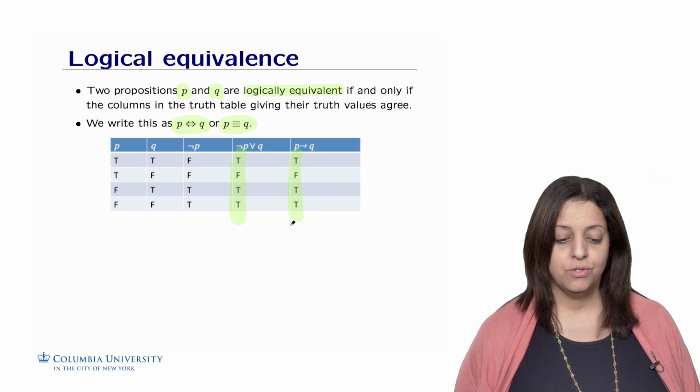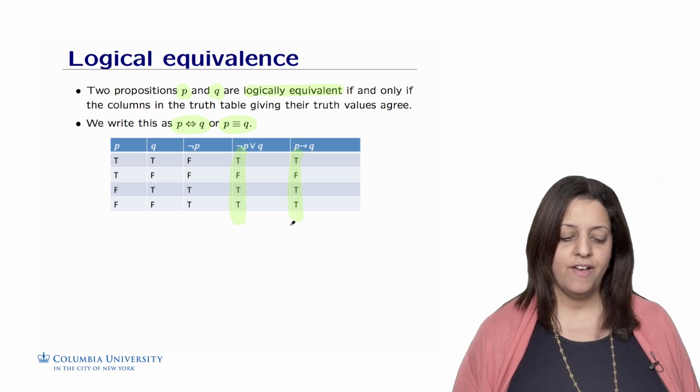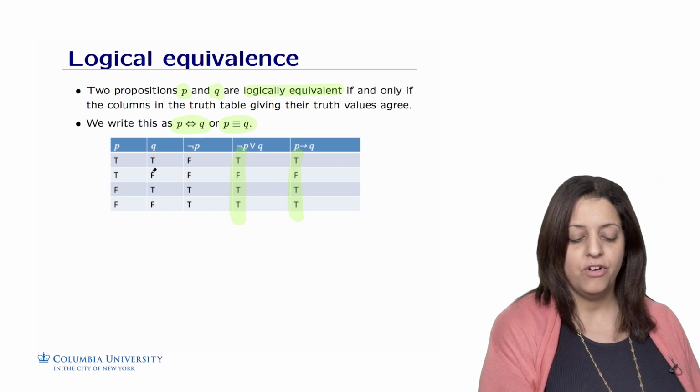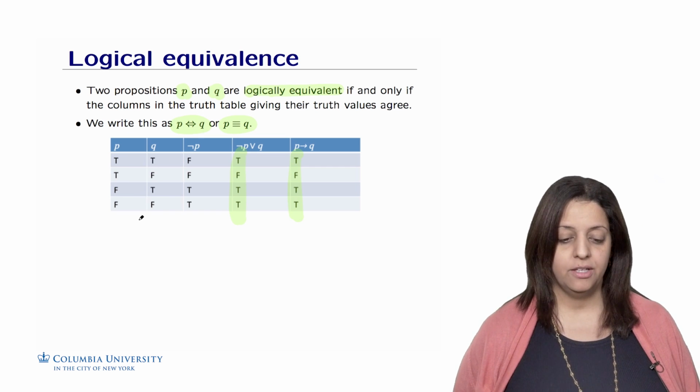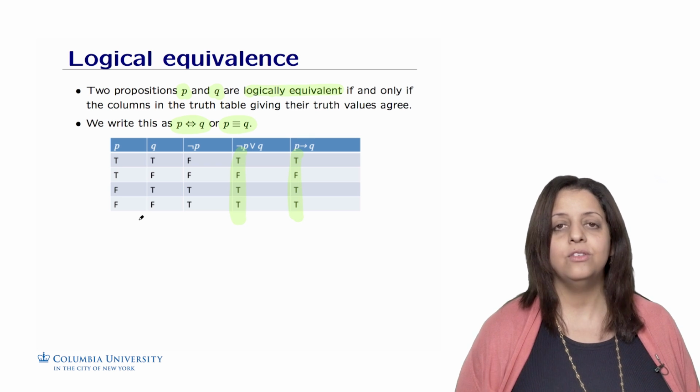So these two propositions are logically equivalent. They have the same truth value for any composition of P and Q. So this is important. It allows us to transform propositions from one setting to another one.